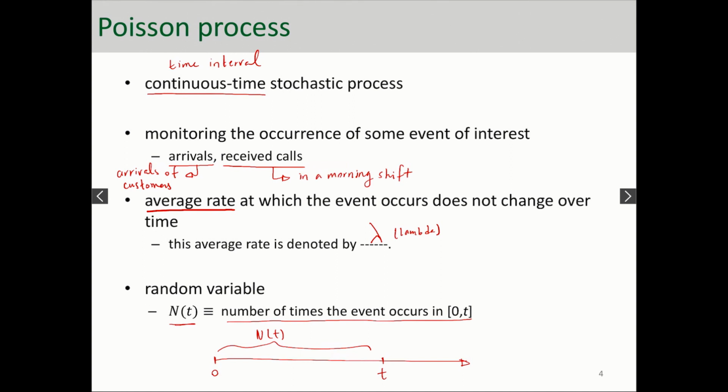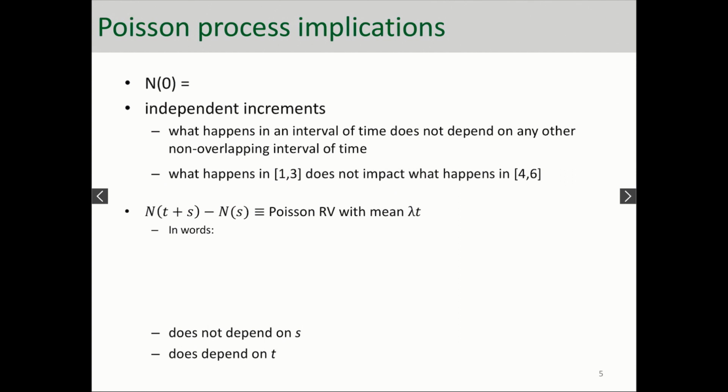If you're talking about the number of customer arrivals in 2 hours, t is 2 hours and n of t is going to be random for the most part. You don't know how many customers are going to arrive, so we're going to study this random variable in the Poisson process. Obviously, if t is 0, the number of arrivals in 0 time is going to be 0.